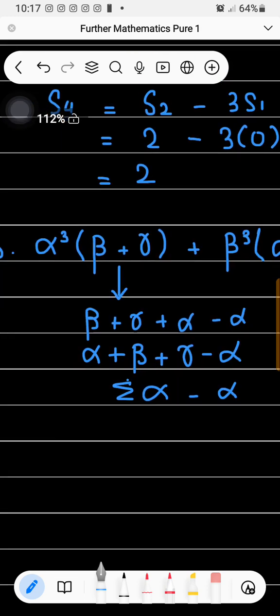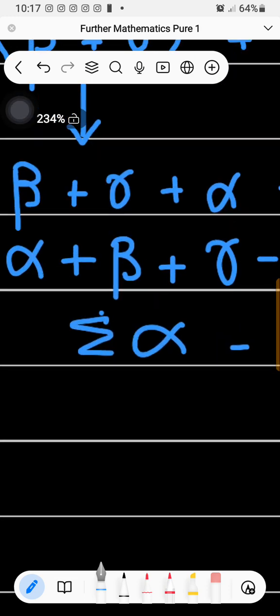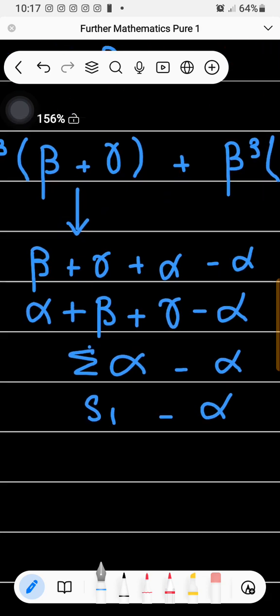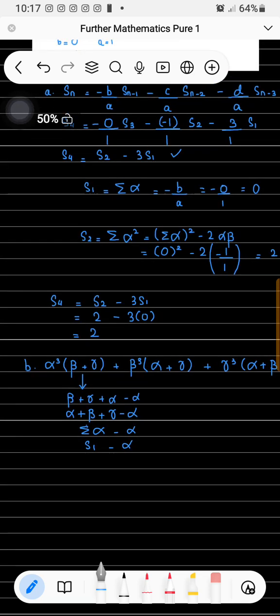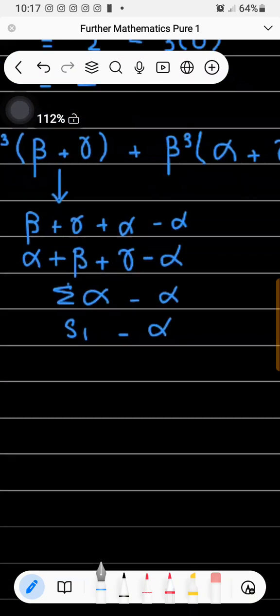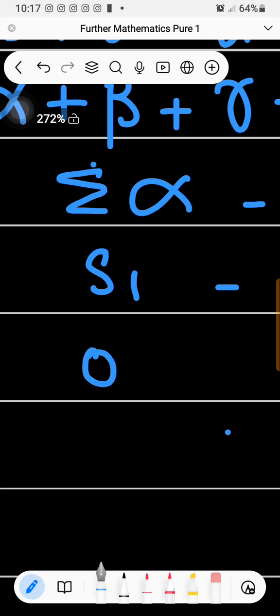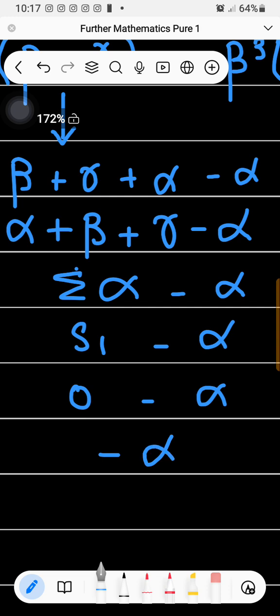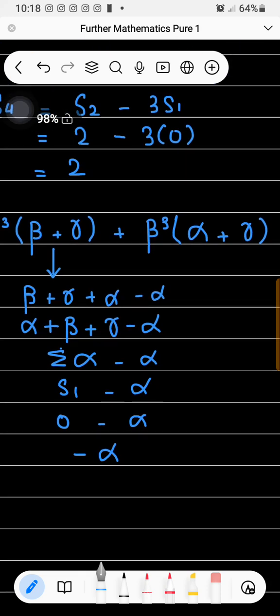What is sum of alpha? Sum of alpha is S1, minus alpha. We found S1 in the previous part. S1 was 0. So here it is 0 minus alpha, so we get minus alpha. I hope you get this.